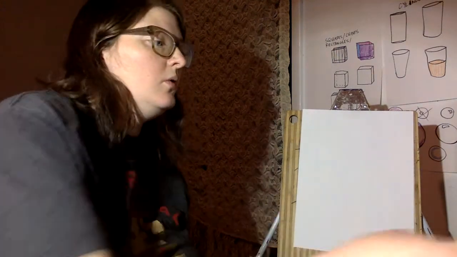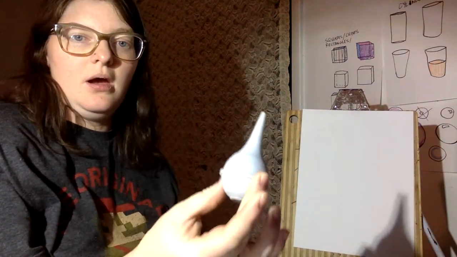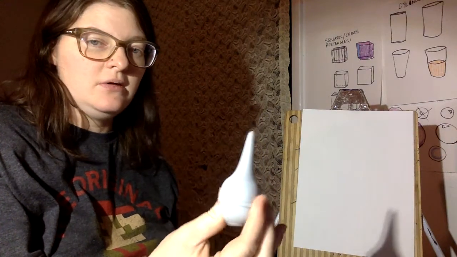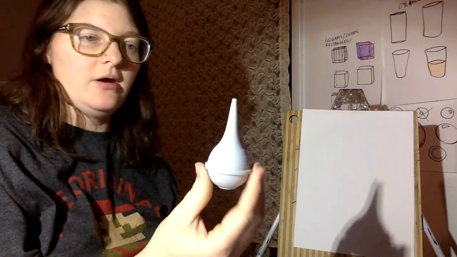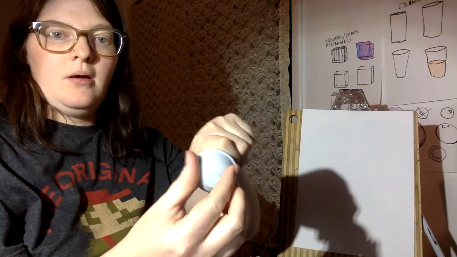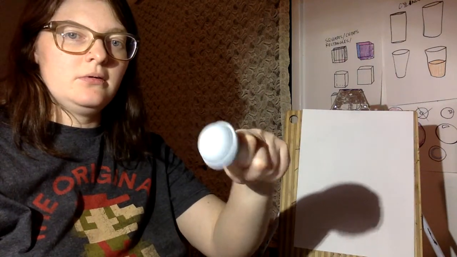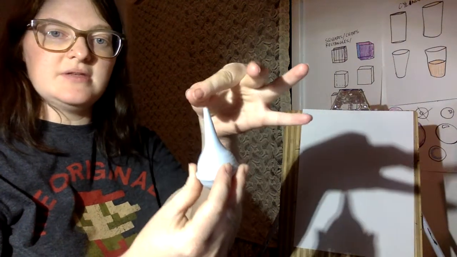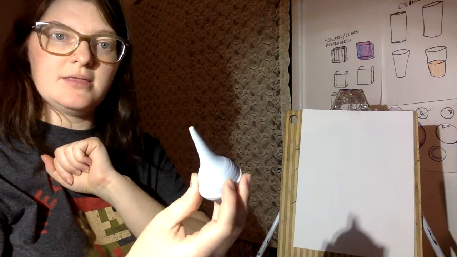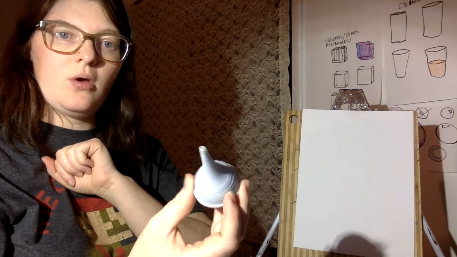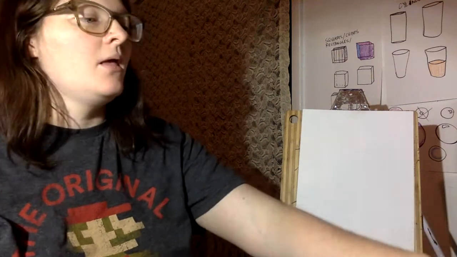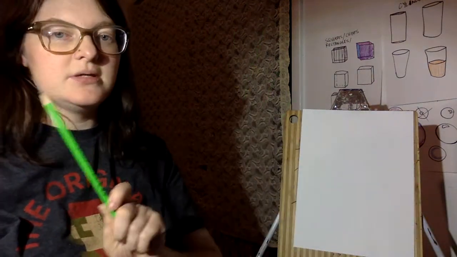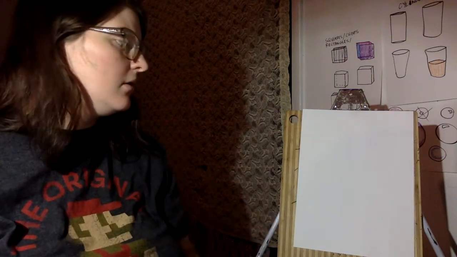Or the last one I'll show you is something like this nasal aspirator, where it has almost like a sphere, right? But then the combination would be more of this cone shape at the top with that little opening. So pencil and eraser are very important. All right.